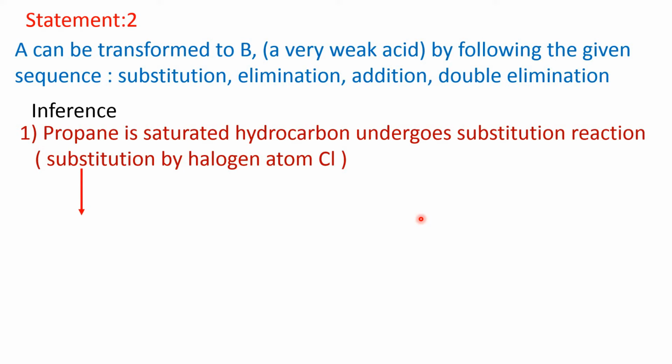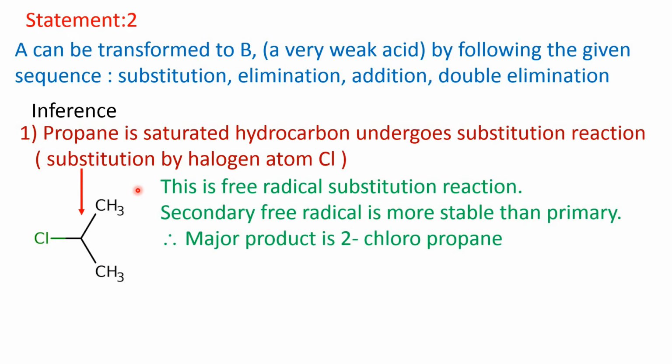Then what will be the product? The product is 2-chloropropane. Why not 1-chloropropane? See, the substitution reaction of a saturated hydrocarbon proceeds through free radical formation. That is, these are free radical substitution reactions. And a primary free radical is less stable than a secondary free radical, and a secondary free radical is less stable than a tertiary free radical.